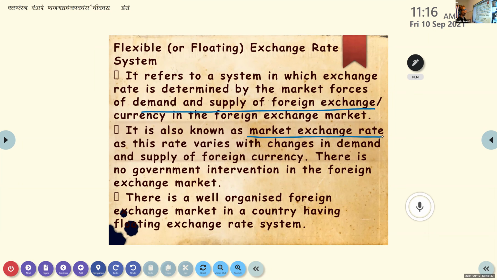Why do we call it the market exchange rate? Because the exchange rate is decided in the market, by the market forces, because it always changes with the demand and supply of the foreign currency. Here, there is no government intervention. The government is not influencing or interfering with the market rate.